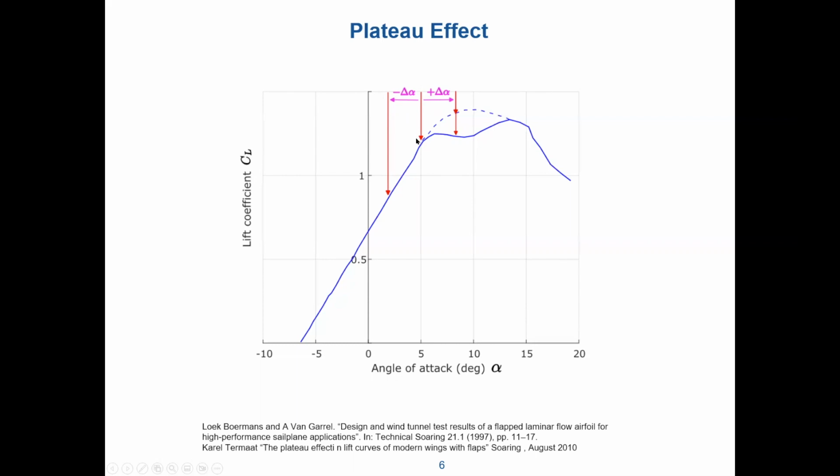Why? If I have a negative burst, then we go down here and we see the climb rate is less or the sink rate is larger from here to here.